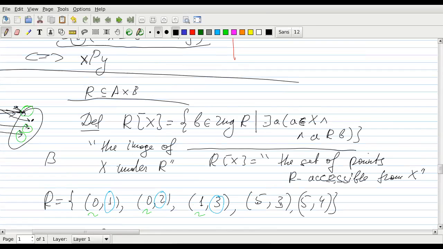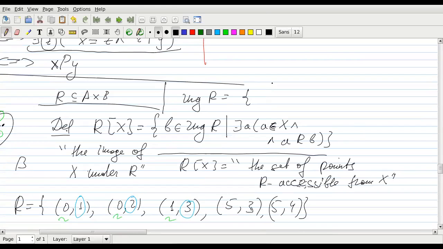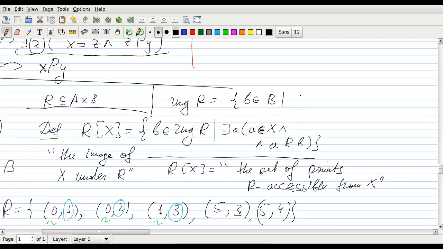Yes. Let's compare this definition with that of the range. What is the range of our R? The range is the set of all elements from B, from capital B, such that ARB for some A. So this is the set of all second coordinates, while this one is a somewhat restricted set of second coordinates.